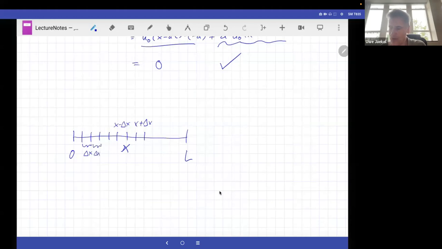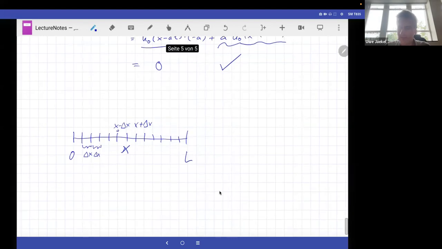The width of the grid is everywhere the same. There are other methods, but we take this method and we assume a regular grid. So what is delta x? This is just L divided by N.